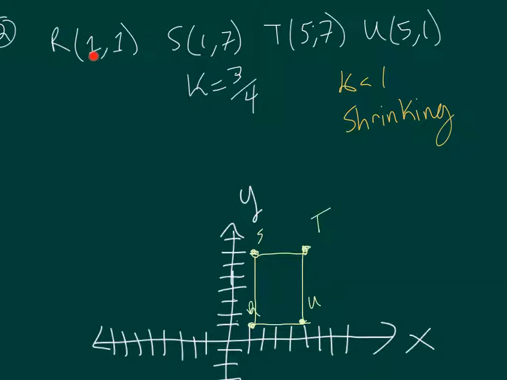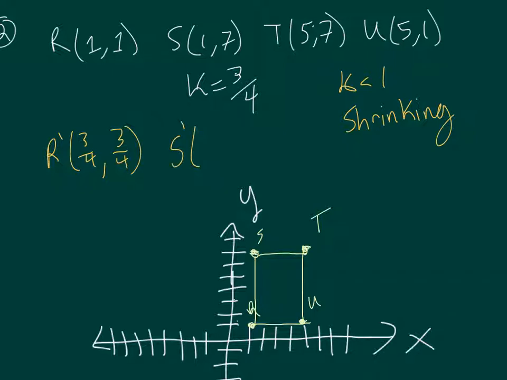If I take R, 1 times 3/4 is just 3/4. And once again, 1 times 3/4 gets you 3/4. So that's my new coordinate, my R prime, my image. Okay, and let's go ahead and do S really quick.